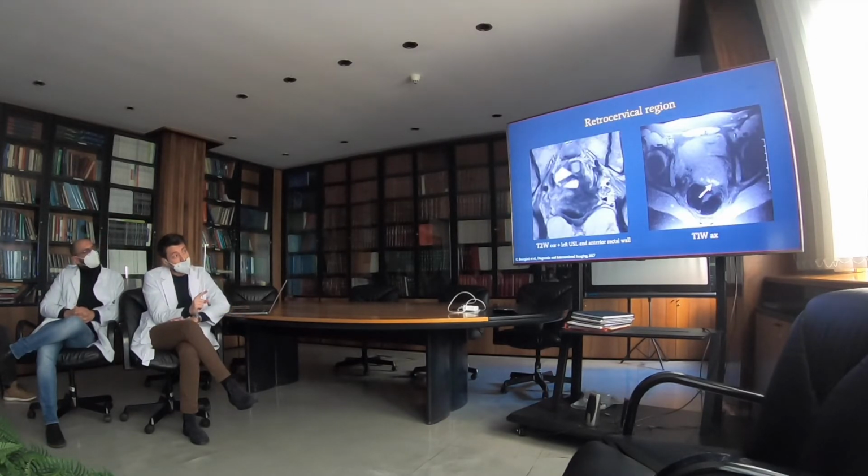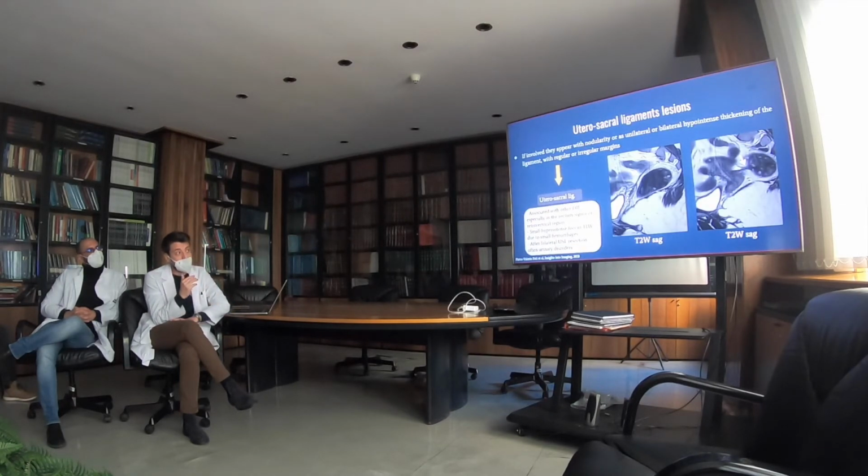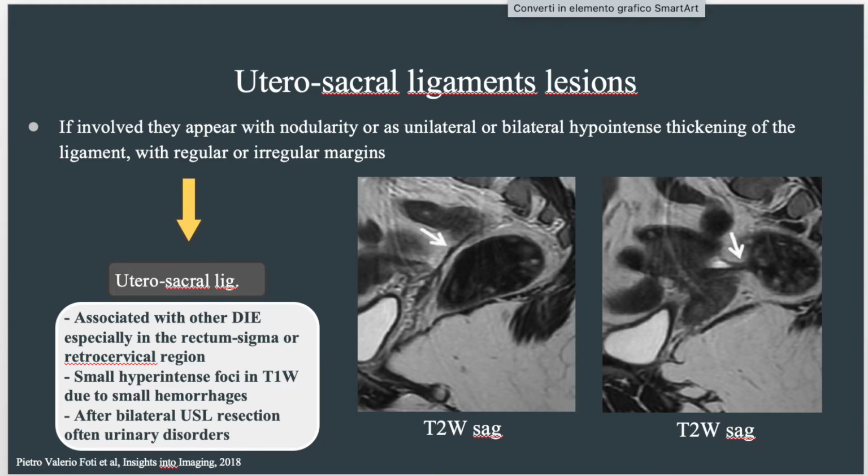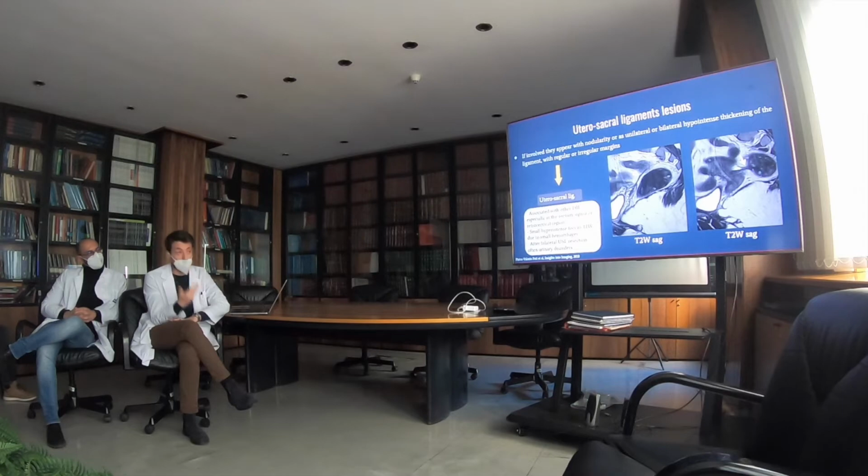Here we can see a typical case of rectovaginal lesions that infiltrate the left uterosacral ligament, and on the right we can also suspect it from the presence of bloody foci. When there is any involvement of the uterosacral ligaments, remember that MRI is also useful for surgical planning, because after bilateral resection of the uterosacral ligaments there are often urinary disorders.